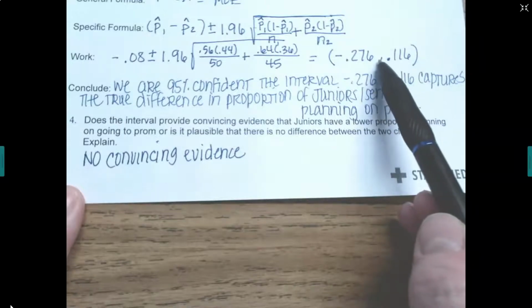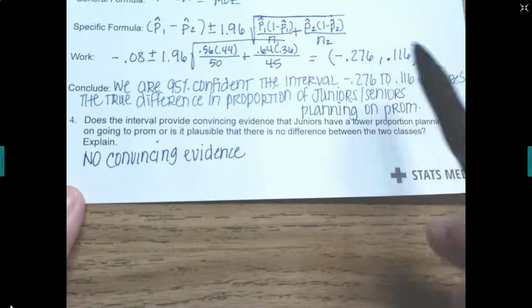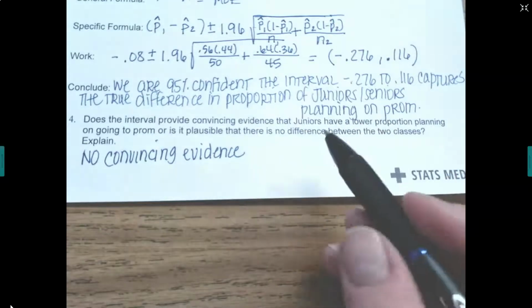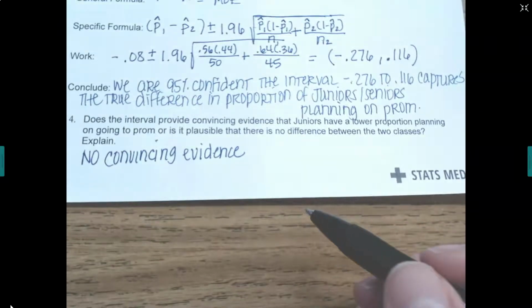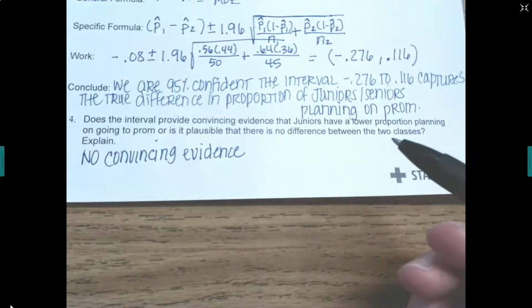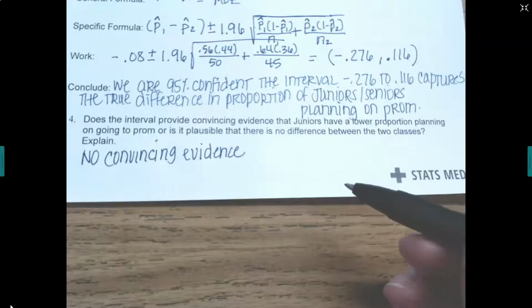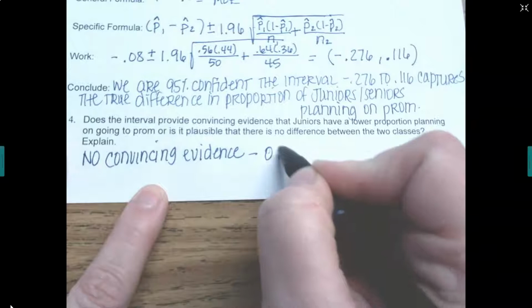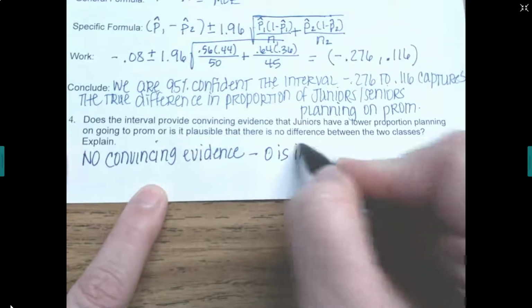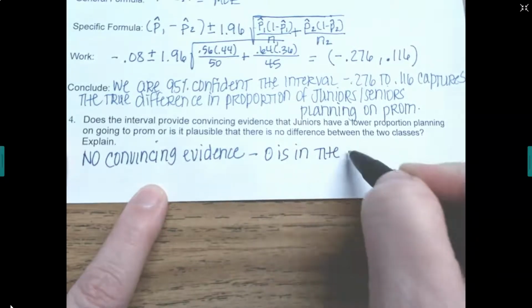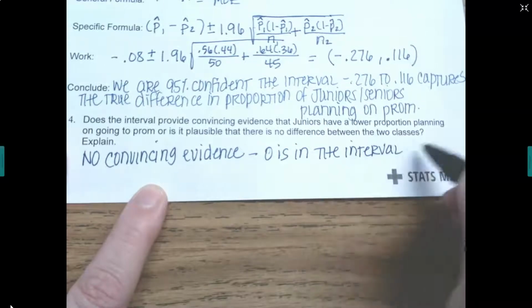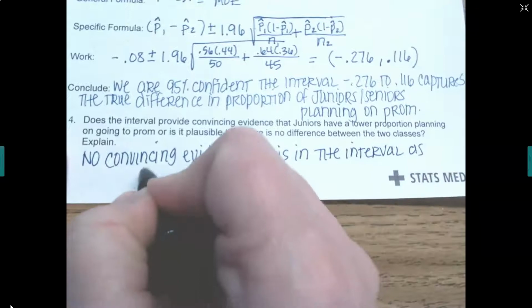So no difference is a plausible answer. And for that reason, there is no convincing evidence that there is an actual difference. It doesn't matter which way we are talking because 0 is a possible difference. 0 is in the interval as a plausible value.